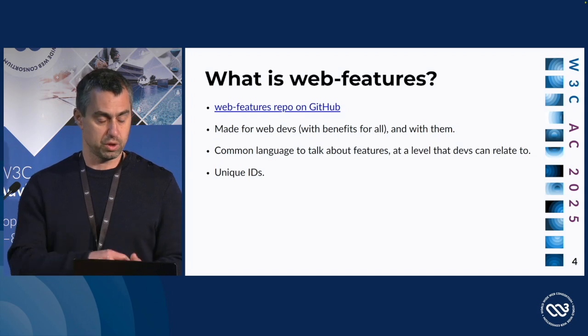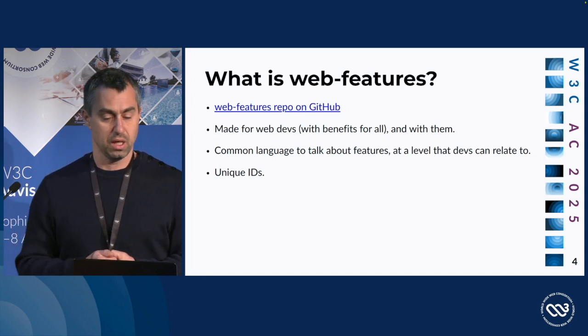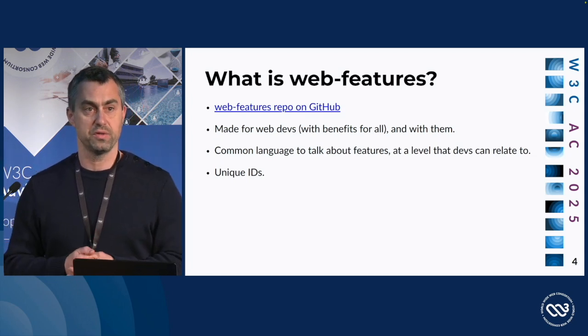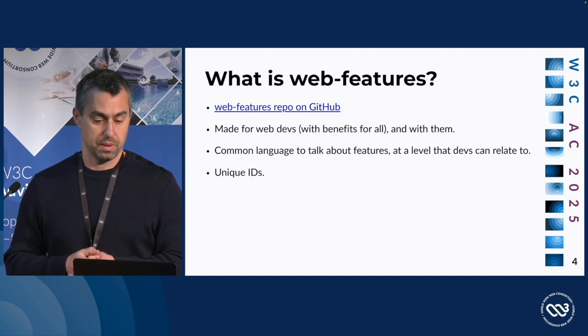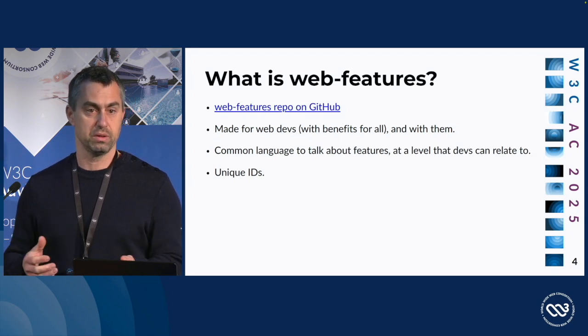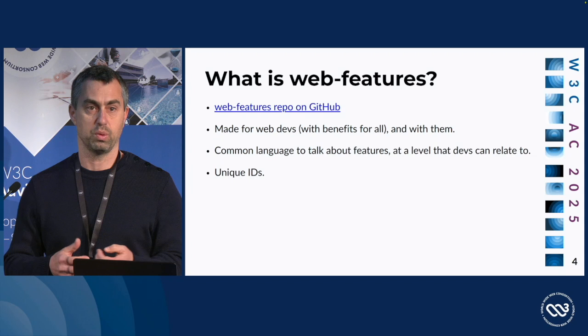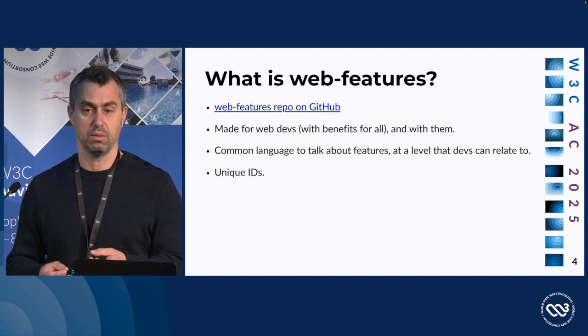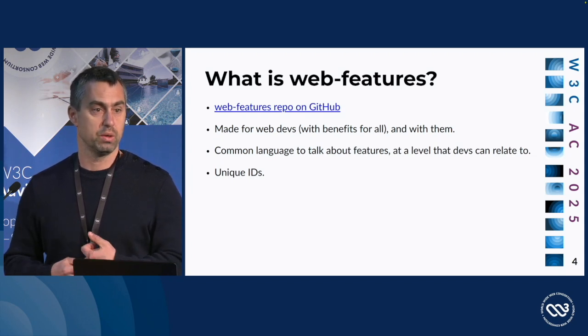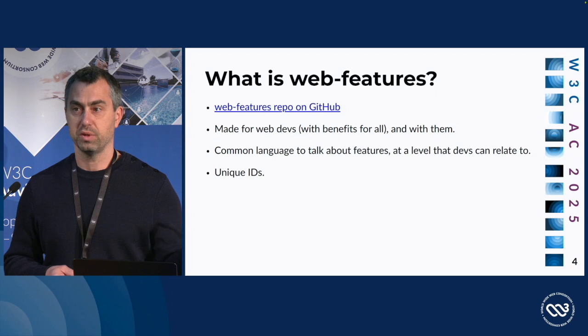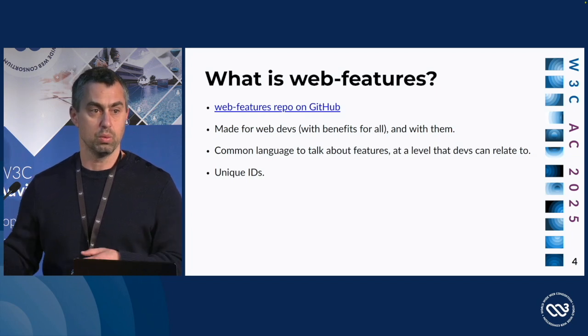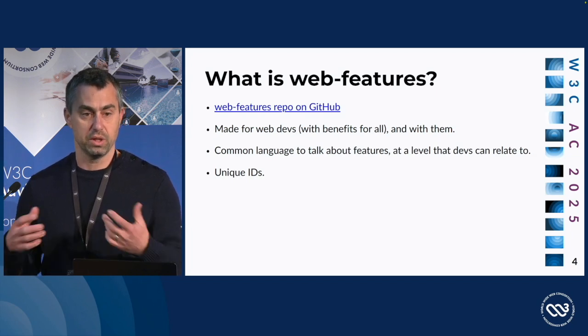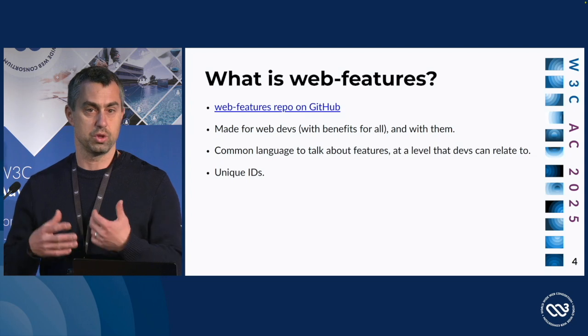So we're creating those features as part of this catalog. The granularity of those features varies a lot. The reason is that we try to build those to map to what web developers really care about and how they perceive the web to be. We don't really care whether a feature is just one property of the CSS language or one feature in JavaScript. It really depends on what web developers do with this feature.